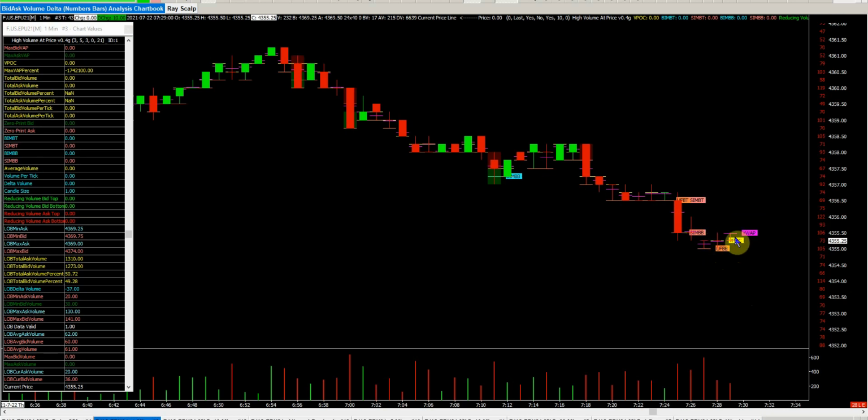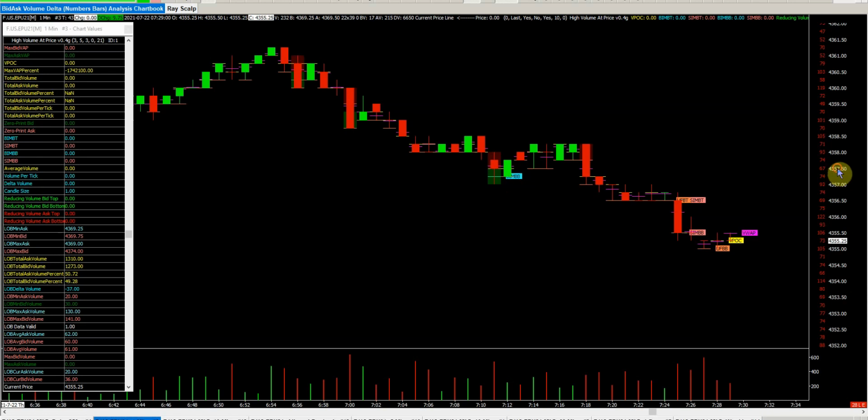You'll see the VPOC of the candle; it calculates a VPOC for you. And you'll see either green or red areas at the top or the bottom of the candle, which is reducing volume. So you've got a lot of the very basic order flow stuff here, which people will charge you hundreds of dollars or sometimes even thousands of dollars to see on a chart.